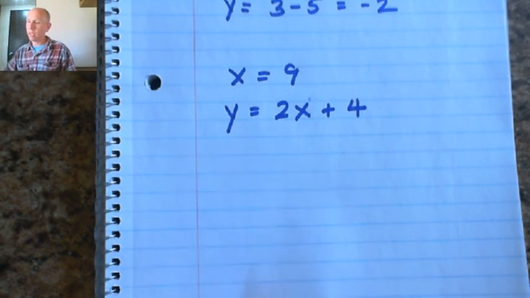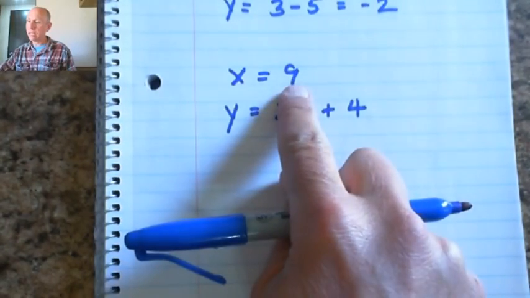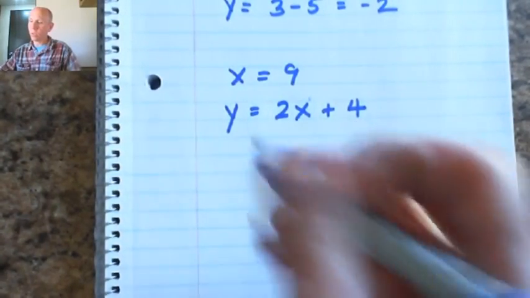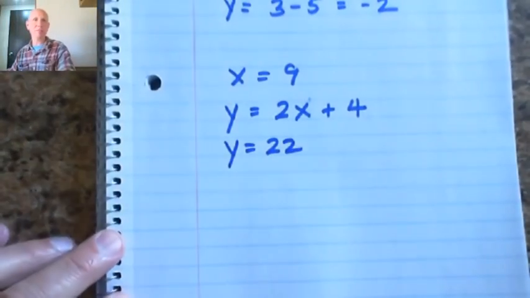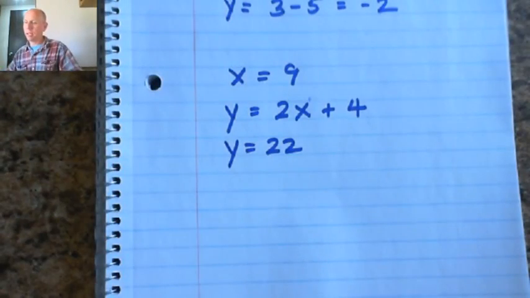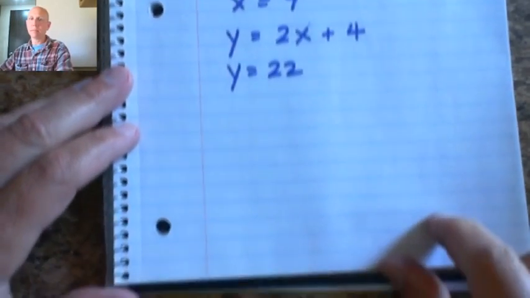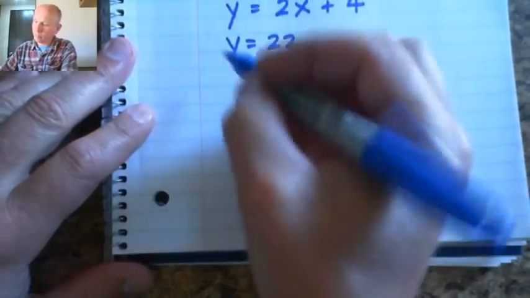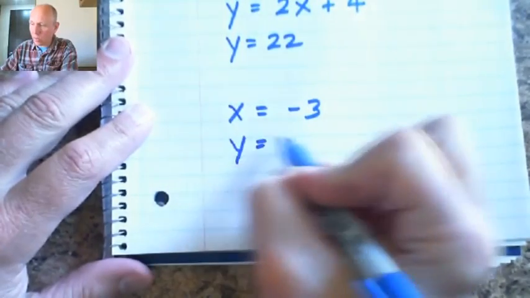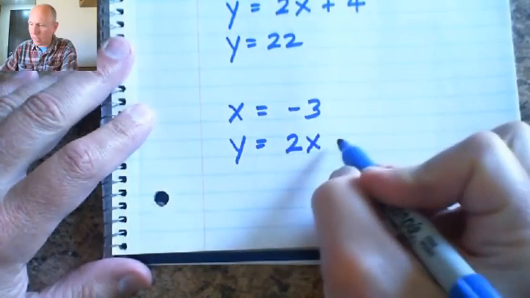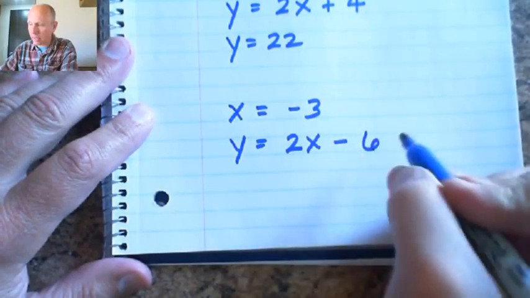Okay, so what do we get? 2 times 9 is 18. 18 plus 4 is 22. Y equals 22. Did you get that? Let's do another one. X equals negative 3 and y equals 2x minus 6.